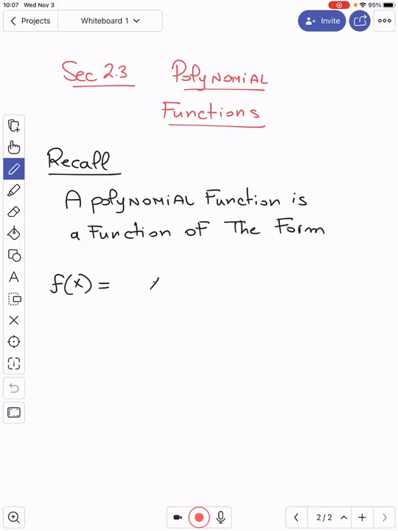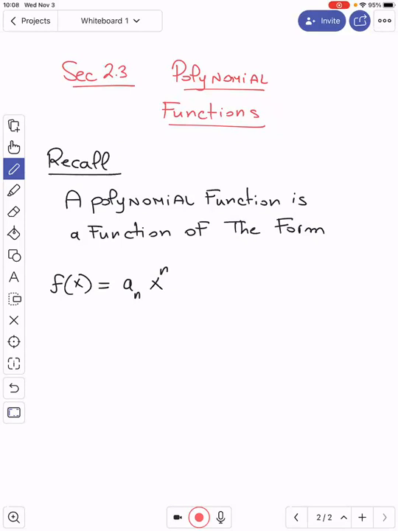So x to the power n, where n is the highest power of x, and in front of x to the power n there is some coefficient, a number, a subscript n. And again, guys, the powers of x have to be positive or zero.